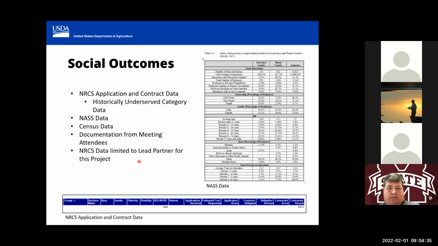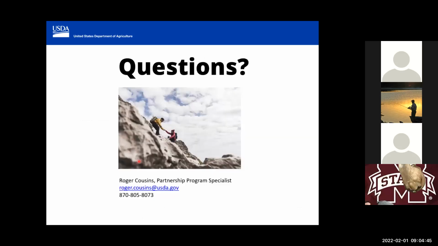And so I don't know, Bill, if there's anything else that you want to talk about at this time in the realm of these social outcomes. No, I just wanted folks to know that the social element is a key part of this agreement: how we do outreach, how effective it is, what we do, our documentation.